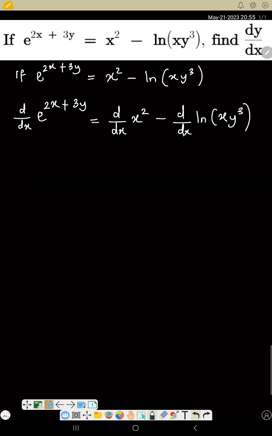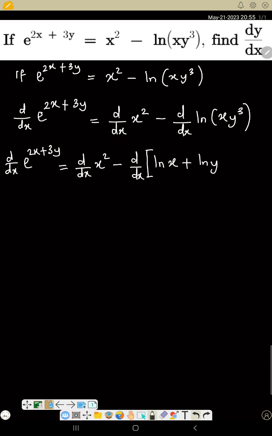So that I can have d/ds of e raised to power 2s plus 3y equals d/ds of s squared minus d/ds, then I have ln s plus ln y cubed.